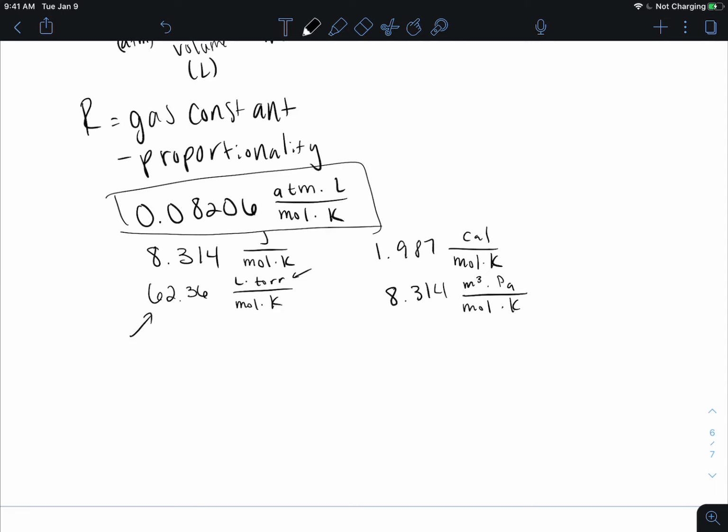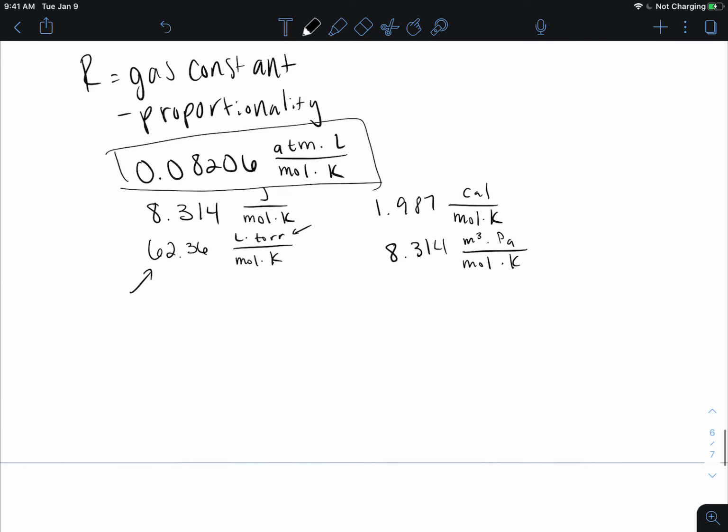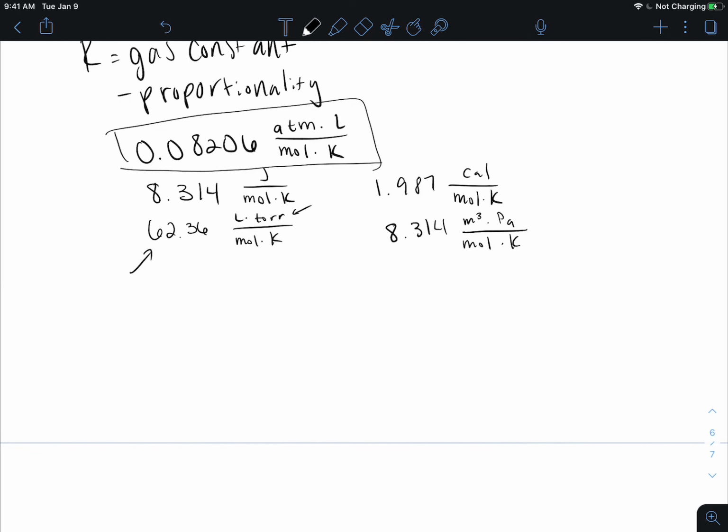Okay, let's try a couple of quick examples with our ideal gas law, because this is the thing we're going to use the most. So let's say we take an aerosol canister and we throw it in a campfire.